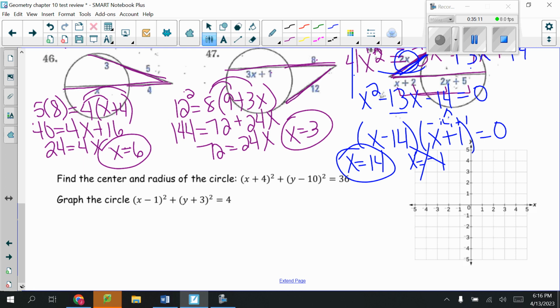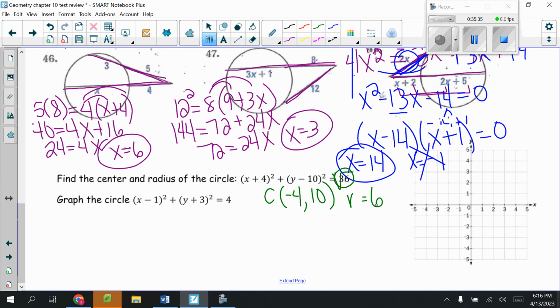If I do have parentheses, my center comes out opposite. So my center of this one, I have a positive 4, so that comes out as negative 4. I have a negative 10, that comes out as positive 10. So there's my center. Remember, this last number is always our radius squared. So I take the square root of 36 and get 6.